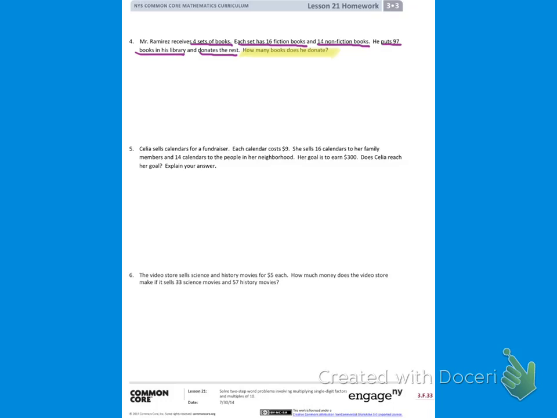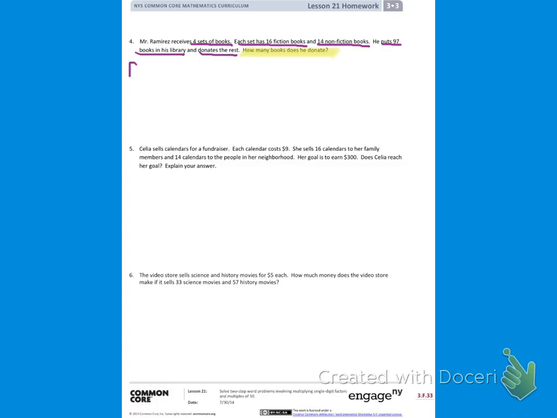Now it's time to go ahead and draw out the way that I'm going to solve this problem. I think I'll use a tape diagram in order to show the number of books that are fiction and nonfiction. I'll label the first diagram fiction.